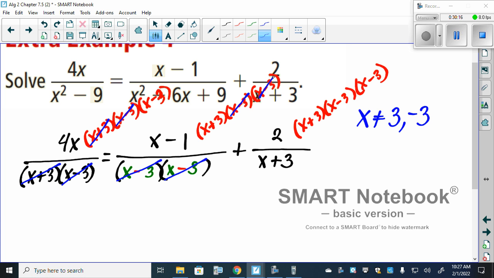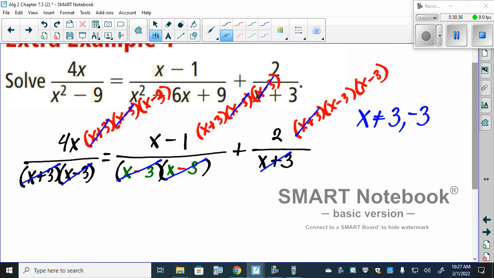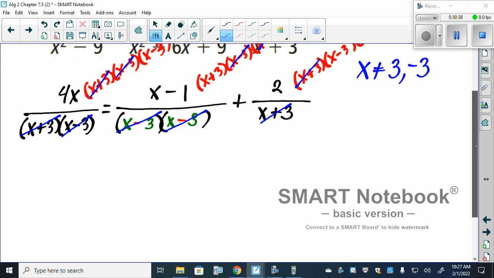And that's also another good thing to be in the habit of, not just going and crossing everything out, actually looking to see what's canceling. Because as we looked at it in the middle, okay, we had 1 and 1 canceled, but we still were missing another one we needed. And the last one we'll have x plus 3 and x plus 3 cancel. Now the denominators, as we see here, everything did simplify out, so we're good.